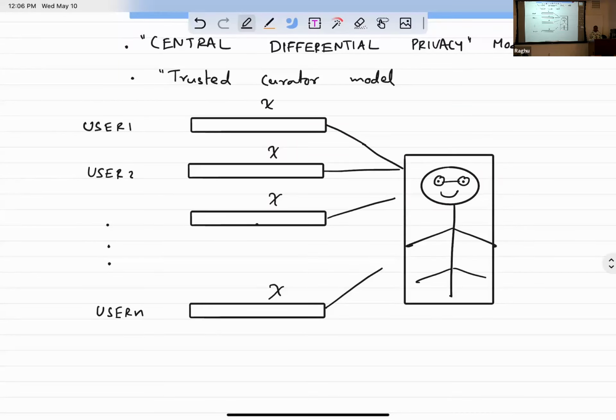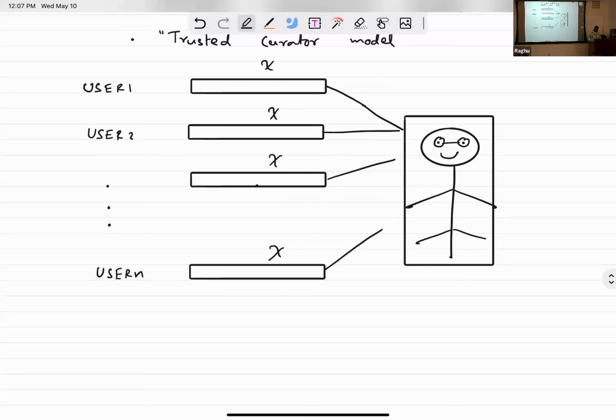So this is the trusted curator model, meaning I'm sharing all of my data with this person. You can easily imagine user 1 is my ratings of the movies, and I am obviously sharing this data with Netflix. I'm releasing it to Netflix in that sense. I'm trusting Netflix not to do something untoward with that data.